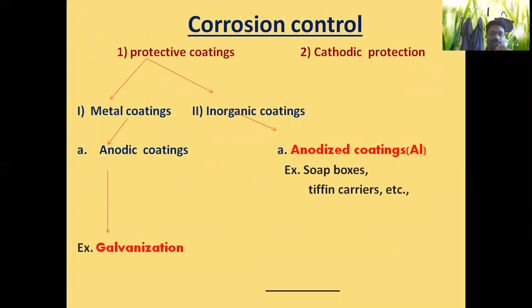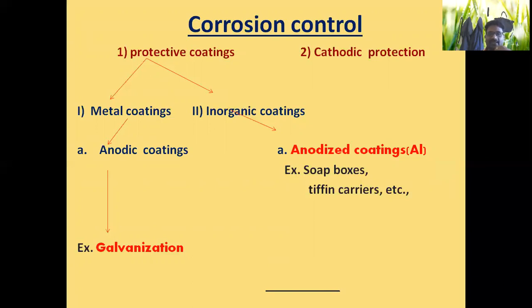Under metallic coatings there are two types: anodic coatings and cathodic coatings. For anodic coatings, galvanization is the important one. Under inorganic coatings, there are anodized coatings, or anodization of aluminum, and phosphate coatings. So this is about corrosion control.